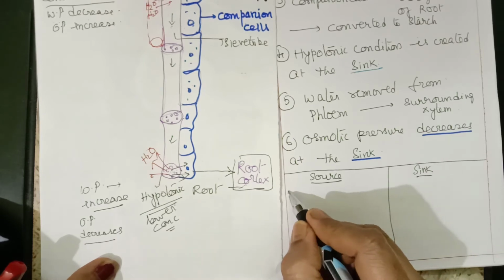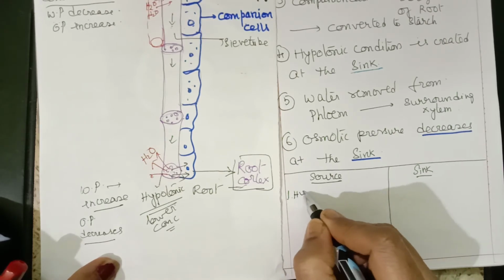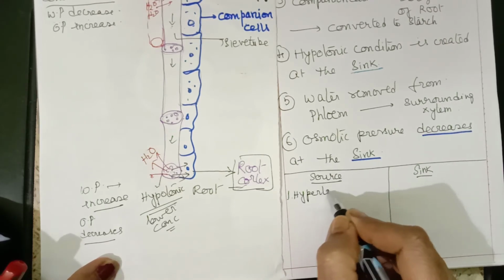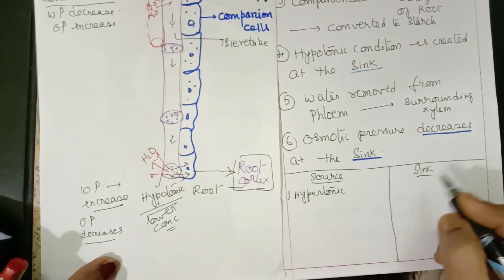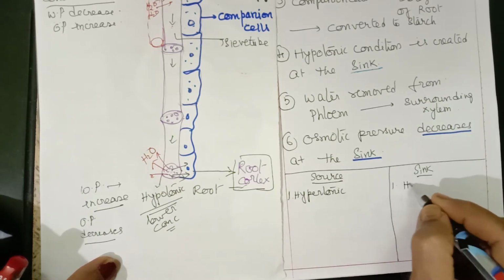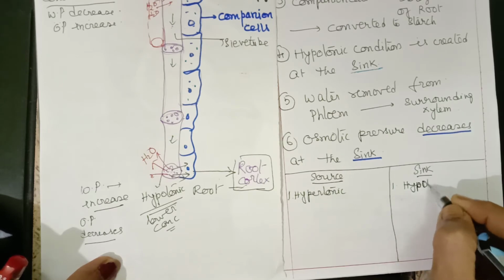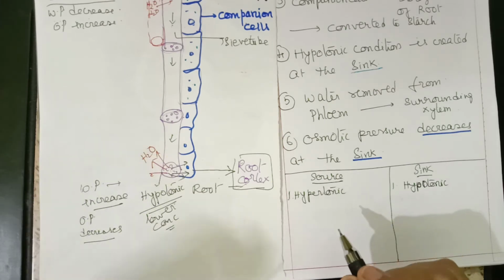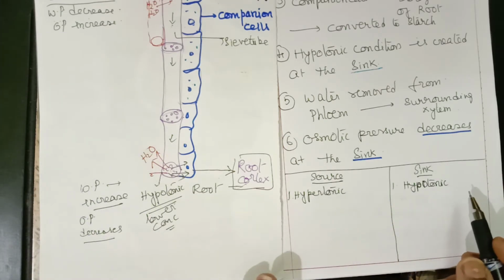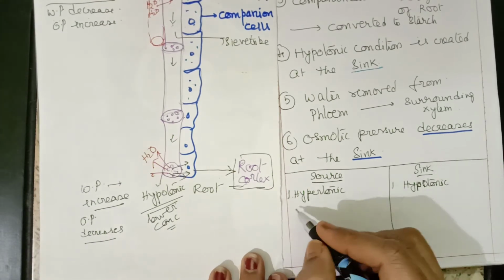First thing we require at the source is a hypertonic condition. At the sink, what do we require? A hypotonic condition. Hypertonic means more concentration. Hypotonic is less concentration. Then what happens here?